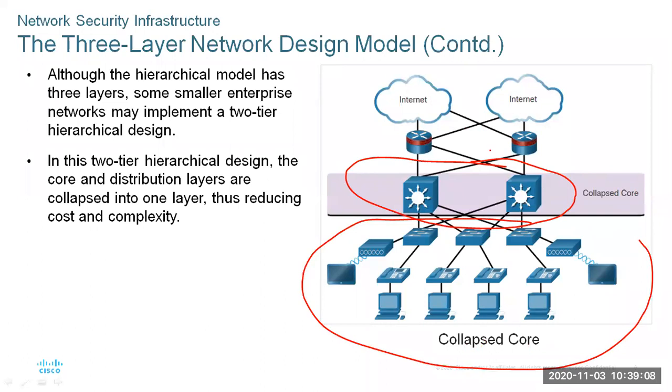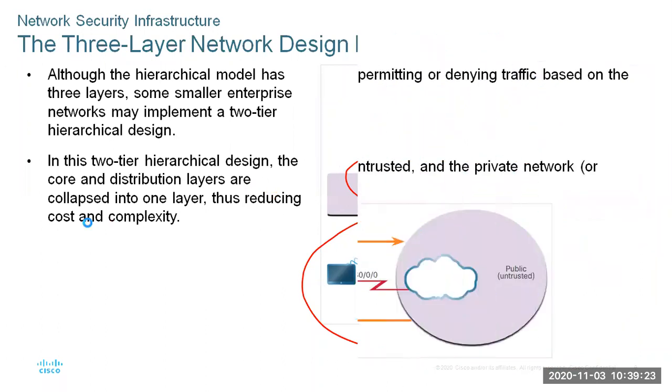The core and distribution layers are collapsed into one layer, thus reducing the cost and complexity.